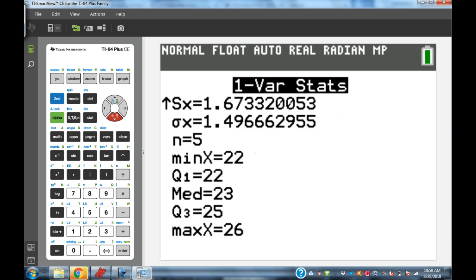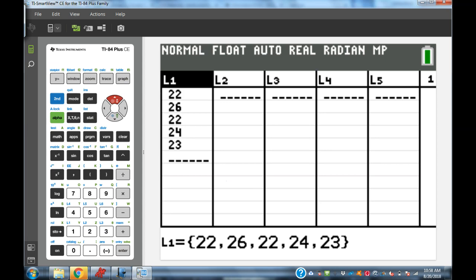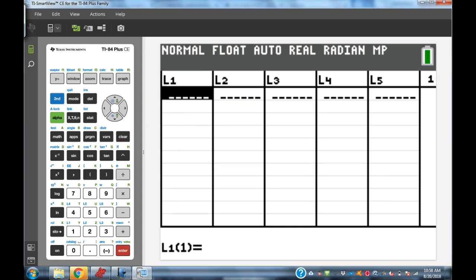So going to stat again, I'm going to edit. I'm going to get rid of my list 1. And in list 1, for my new stats, I'm going to have the class midpoints from my frequency distribution.